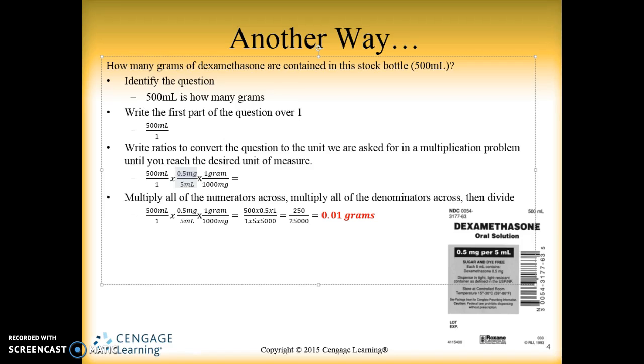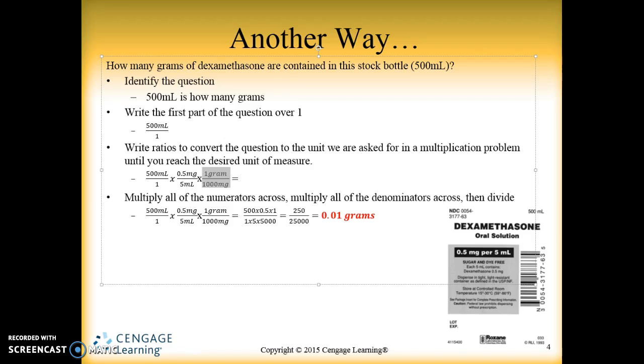So since the problem says, no, we don't want milligrams, we want grams, I have to take this a step further and convert milligrams to grams. And I do that using this conversion factor. That conversion factor is not in the problem. It actually comes from our textbook.